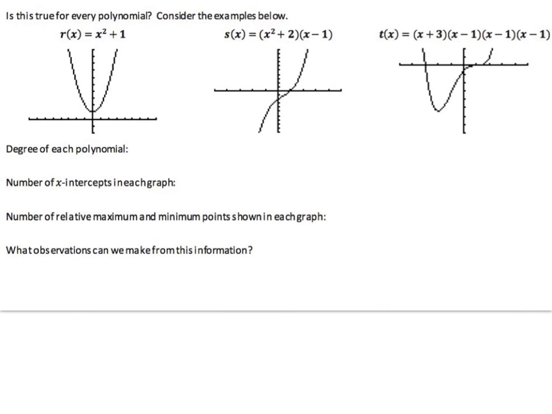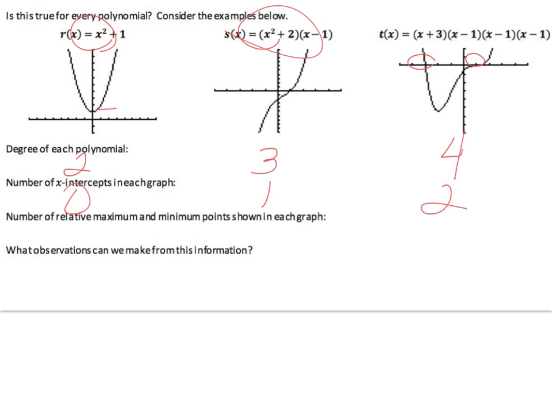Okay, the degree, I've got 2. I have 3. I'm getting this from right there. And 1, 2, 3, 4. Number of x-intercepts, none. I've got 1 and 1, 2.